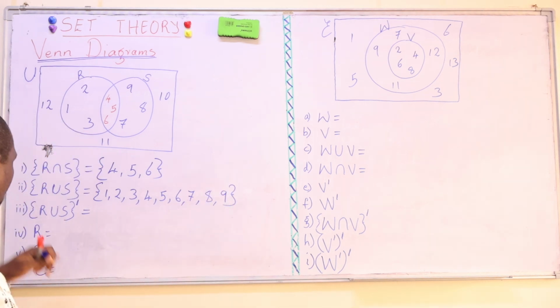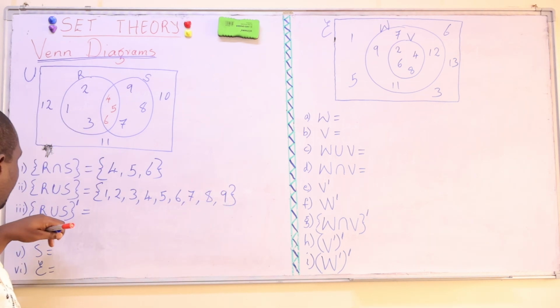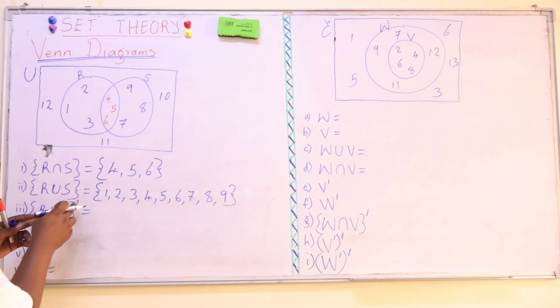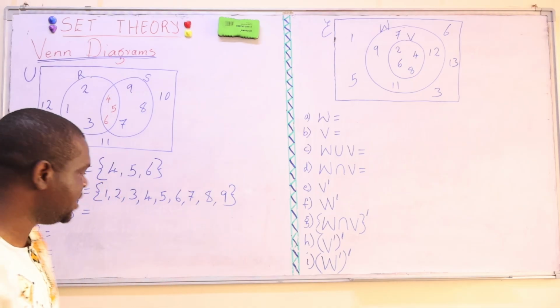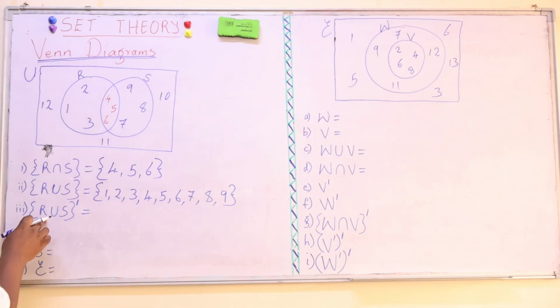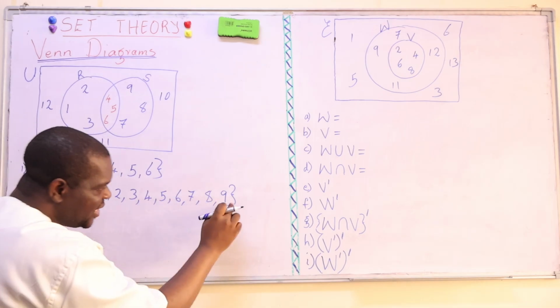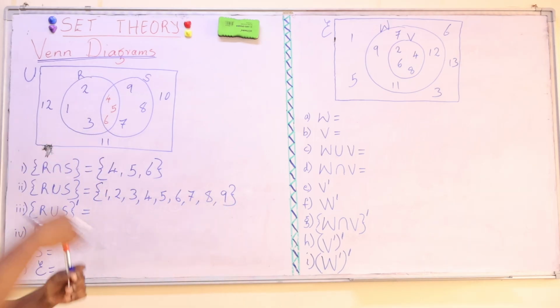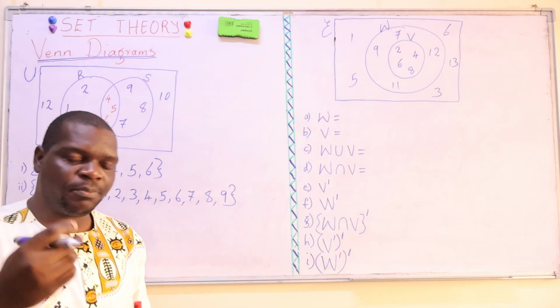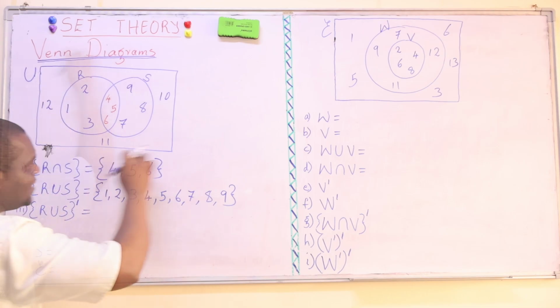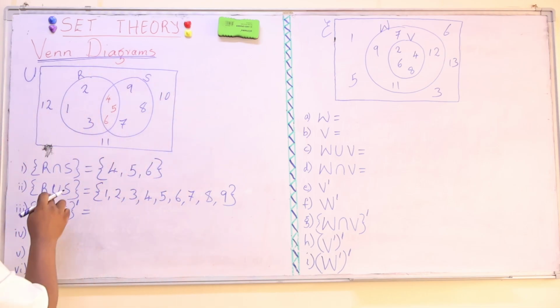Now let's go to the next one, which is R union S complement. When they ask for the complement of a set, the first thing you do is to find the set. What is the set R union S? And this is it we have here. So the good thing is we have this already here. Now you ask yourself, complement, what are those elements that are in the universal set but absent in this set?